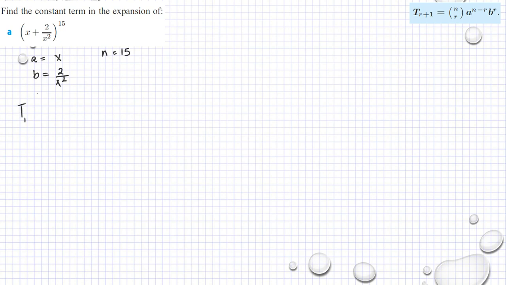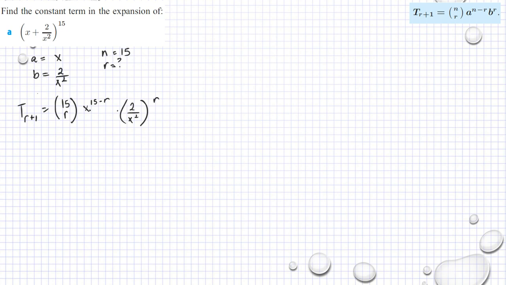So t sub r plus 1, our r, we don't know yet, is equal to 15 taken r, and then we have x raised to 15 minus r multiplied by 2 divided by x squared raised to r.